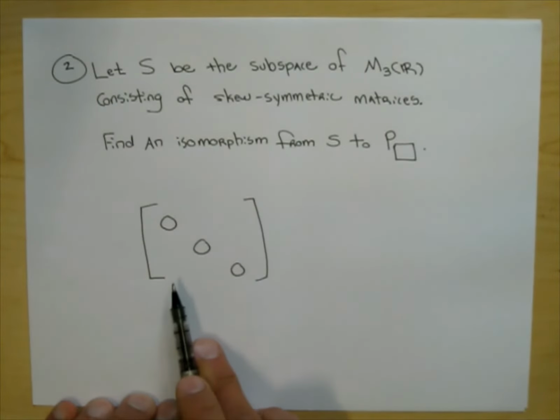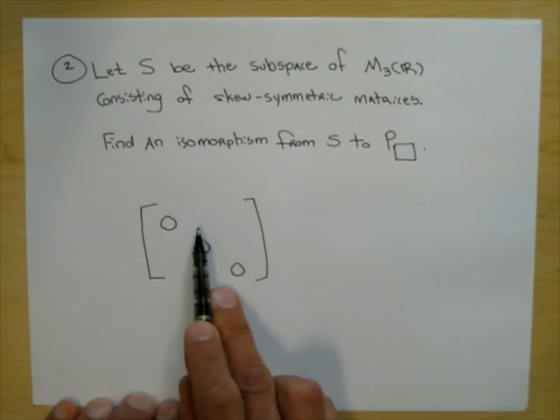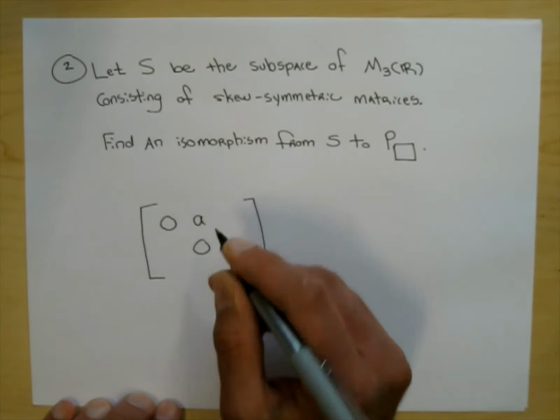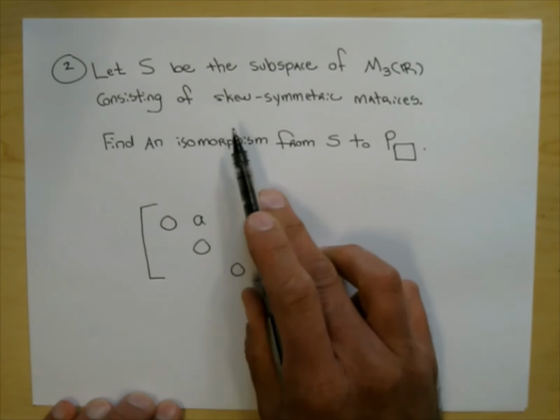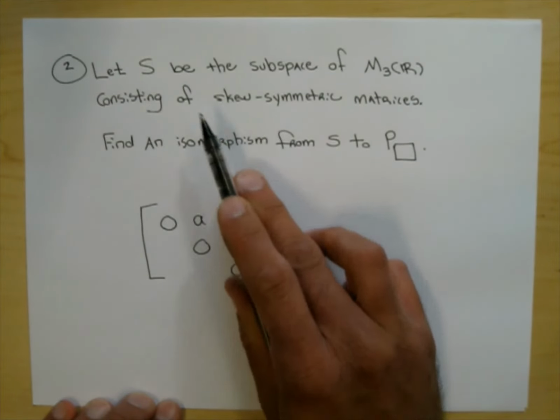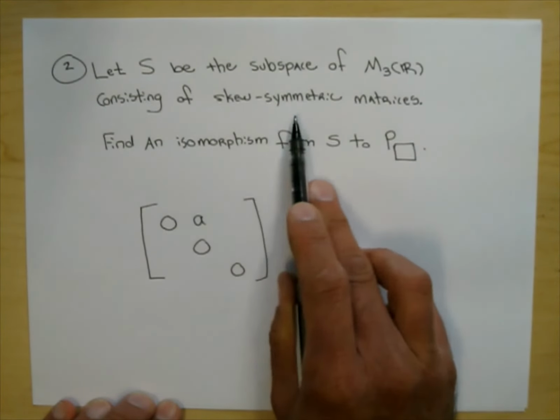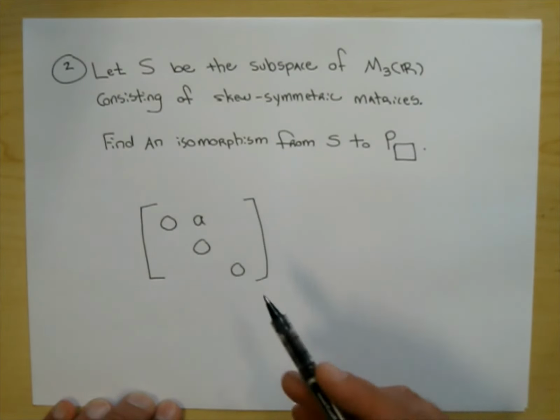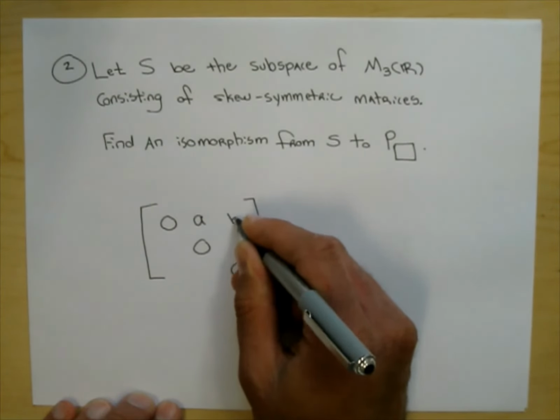Now we play this game. Am I free to put anything there? Yes, I am. I can put whatever I want there. I'll put an A there. So we're trying to write a general element of S, which is skew symmetric matrices. Am I free to put anything there? Absolutely. So I'm going to put the letter B there.